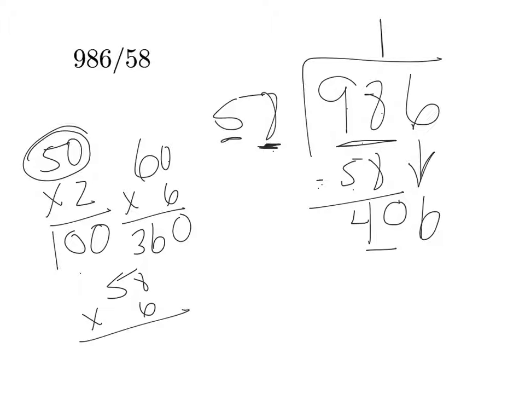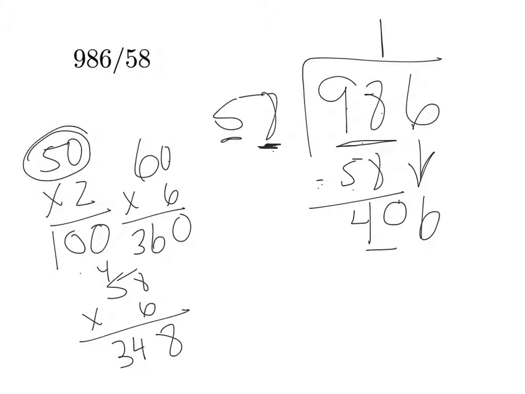58 times 6. 8 times 6 is 48. Put our 8 here. Carry our 4. 5 times 6 is 30 plus 4 gives us 34. Now, 348, that's still a little low. So let's try the next way.